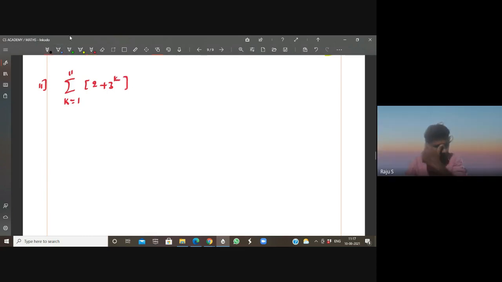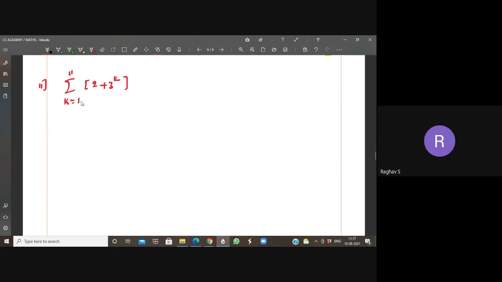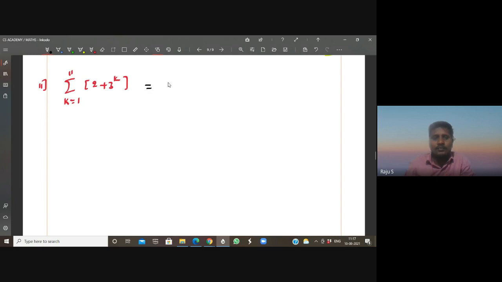When you observe the summation, k is equal to 1 to 11, wherever k is there, in place of k you can substitute 1 up to 11. There are two terms, 2 and 3 power k, so we can split into two summations.